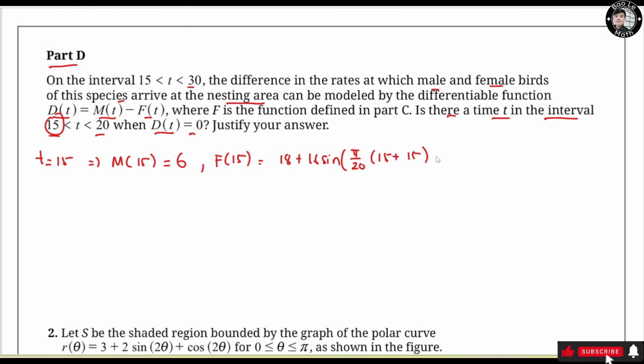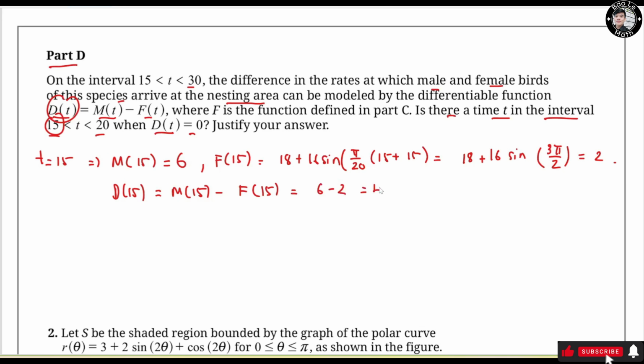So it's going to be 18 plus 16 sine of pi over 20 times 15 plus 15, which is 30. Simplify this one, it could be sine of 3 pi over 2. But sine of 3 pi over 2 equals negative 1, so the answer must be 2. And then from these two, we can calculate d of t. So d of 15 is going to be m of 15 minus f of 15. So it's 6 minus 2, which is 4.